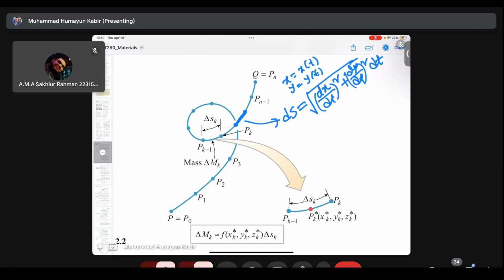Understood? So this is the value of ds that has to be incorporated when you are going to find the value of a line integral, and it should come from the parametric equations. Okay?